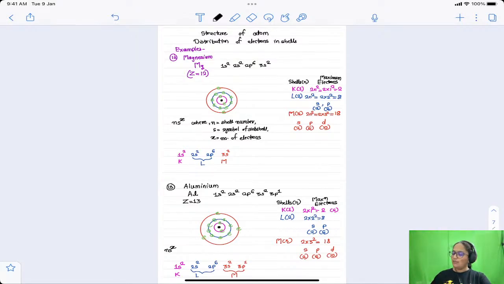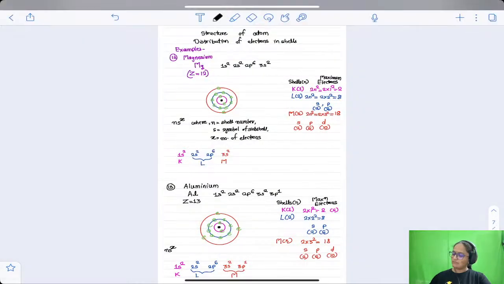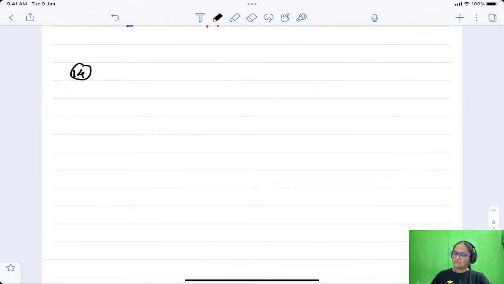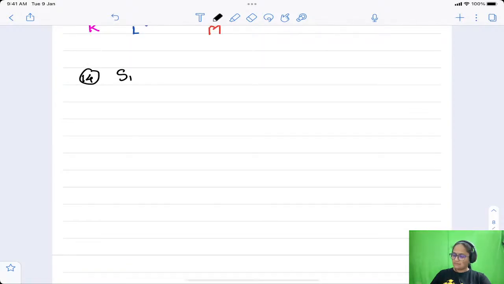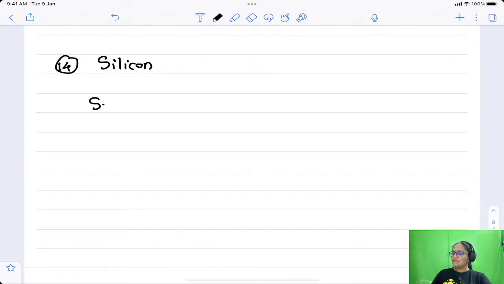Okay, now after aluminium, the next example we are going to see whose atomic number is 14. The symbol for silicon is Si.